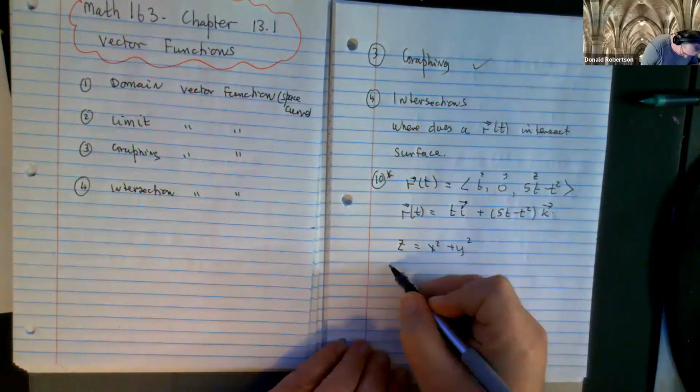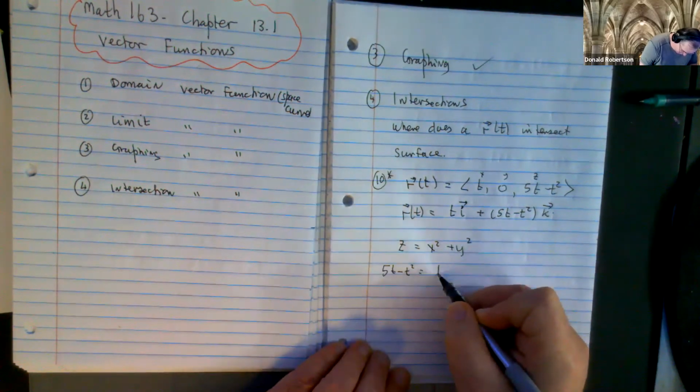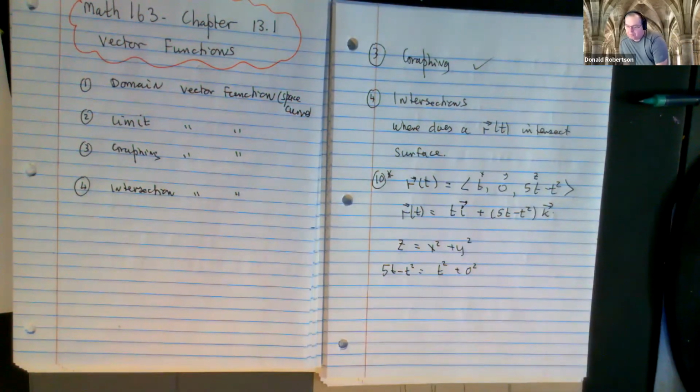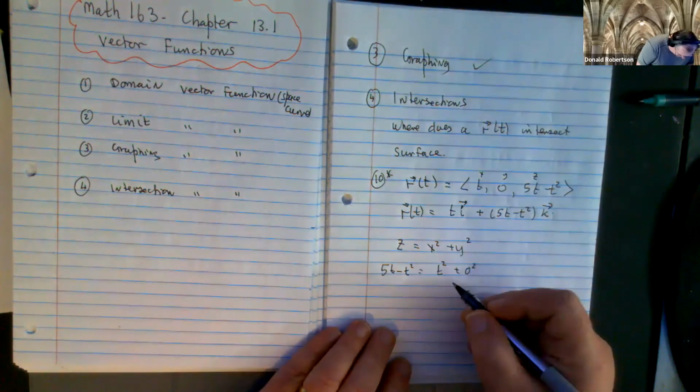So the z becomes this guy, the x becomes this guy, and the y becomes that guy. Is that what you mean? Yeah. Right. So what you are going to get in these intersection questions is that you essentially have to solve some expression involving t.